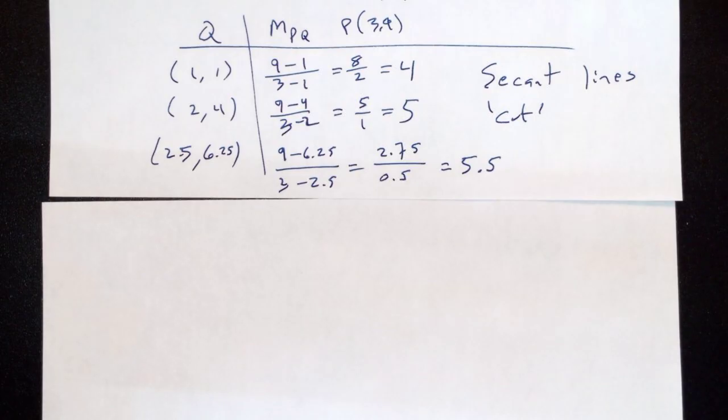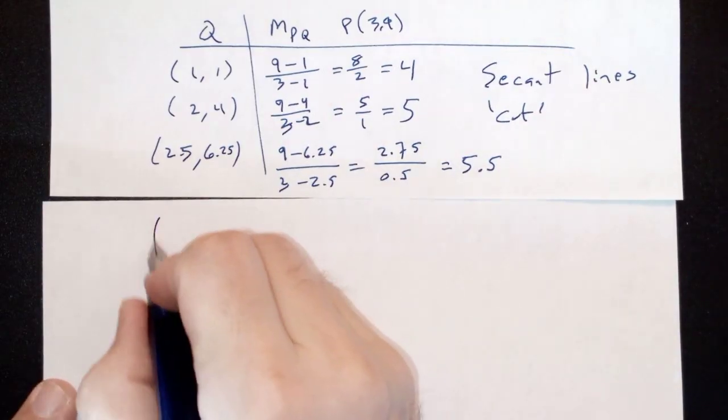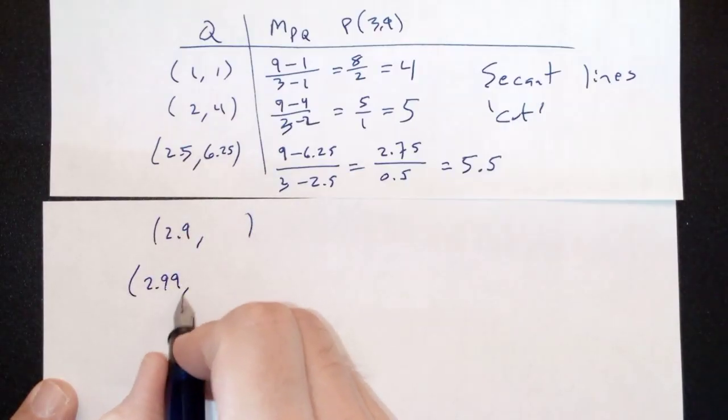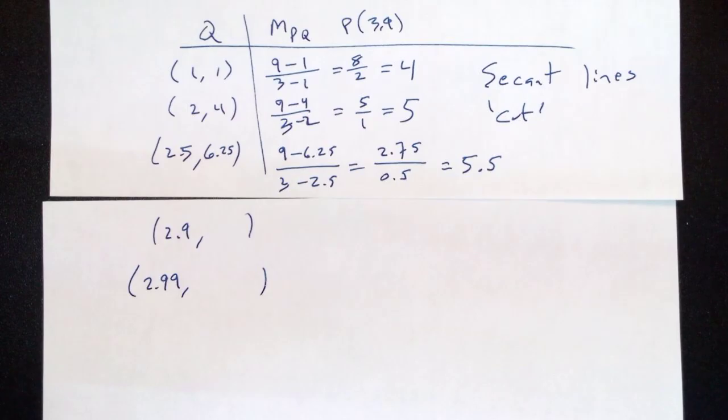Do it again. Let's get closer still. Over and over and over. I'm going to continue to get closer. 2.9 for an x. 2.99 for an x. I need y values. I need slopes. 2.9 squared.